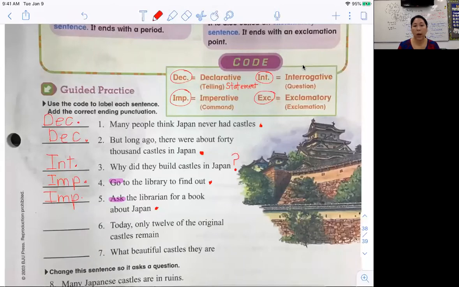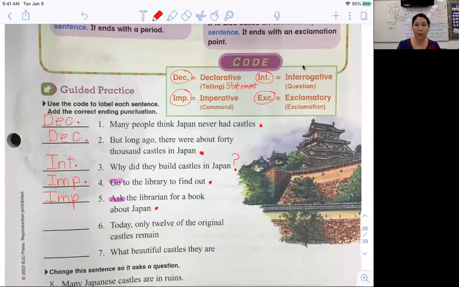Today, only 12 of the original castles remain. So wow, out of 40,000, only 12 remain of the original castles. Today, only 12 of the original castles remain. Are they ordering us there? Is today an action? Are they asking us a question, interrogative? Are they excited?